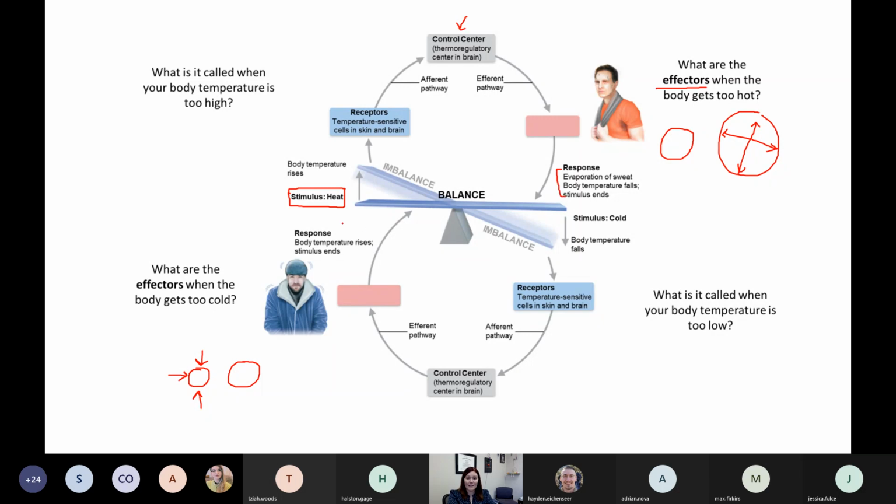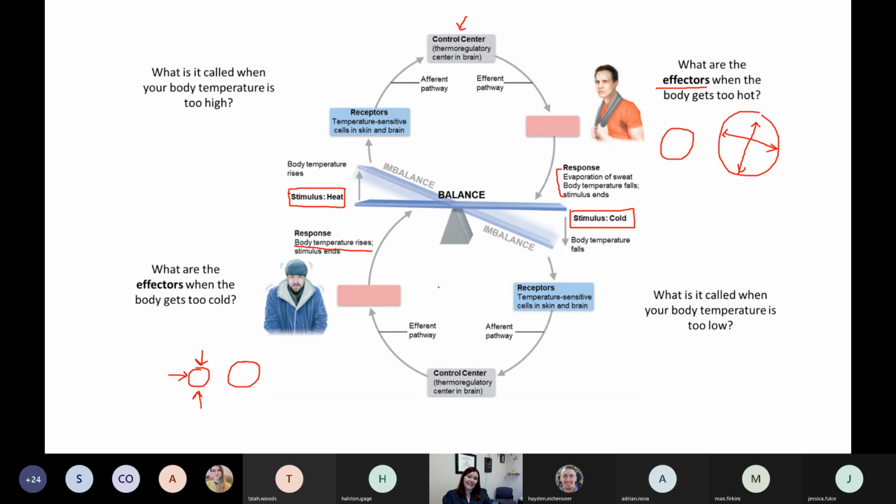So if I get hot, the effectors I'm going to activate are going to make me cool. If I got cold, the effectors that I activate are going to make my body temperature go up. In a negative feedback loop, we've got a normal, and that normal is where we always want to be. We don't want to change it. If we're changing, my body will return us back to that.